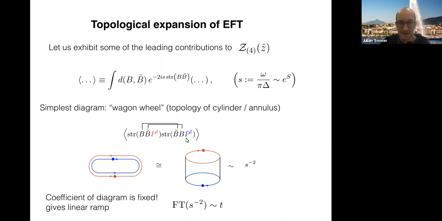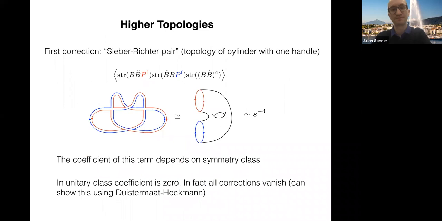This one acts as an advanced projector. This one acts as a retarded projector, for example. And so the simplest contribution is basically just the diagram where you do the simple propagator 1 over s for each of these contractions. And so you get a diagram which goes like 1 over s squared. And the fun part of this is that if you take the Fourier transform of this 1 over s squared, you get something that rises linearly in time. This is the linear rise in time.